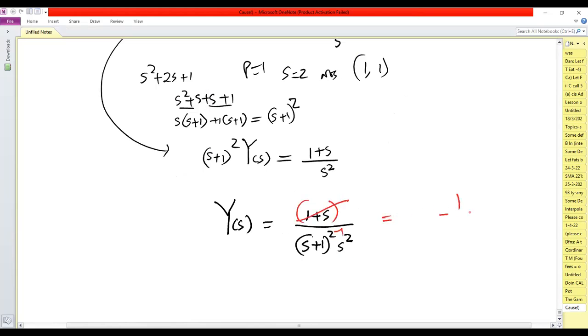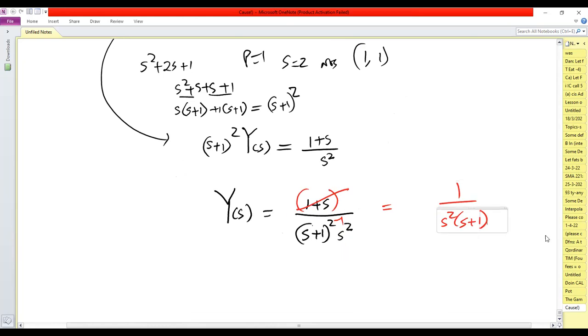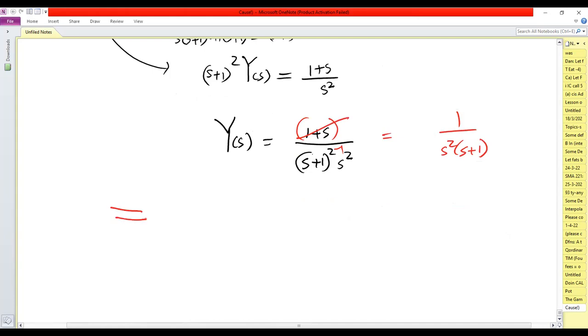So we'll have 1 over s squared into s plus 1. So which means that y of s is given by 1 over s squared into s plus 1.